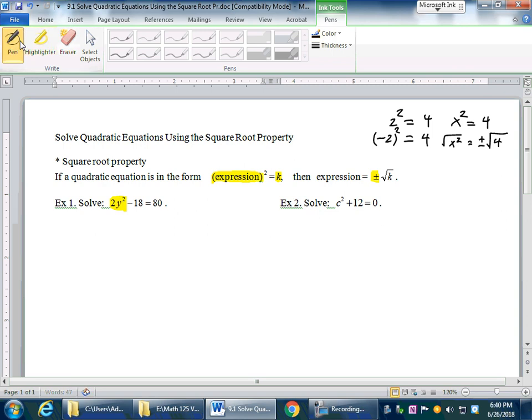To use it, first I need to isolate the square term by itself. So I add 18 on both sides, and that becomes 2y squared is equal to 98. Then I divide both sides by 2. So y squared is equal to 49.